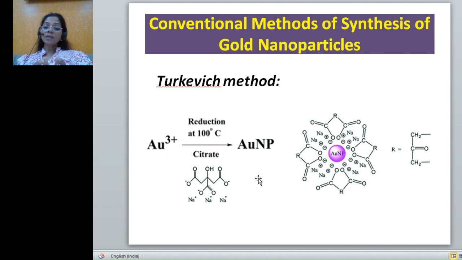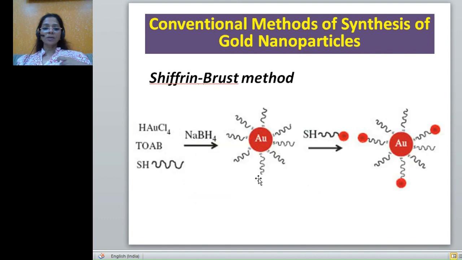So it is an agent which caps the gold nanoparticle and prevents the gold nanoparticles from forming a big cluster size, and it actually lets the gold nanoparticle form the clusters in the range of nanoparticles. So citrate ion is performing a dual function, one as the reducing agent and the other as the capping agent.